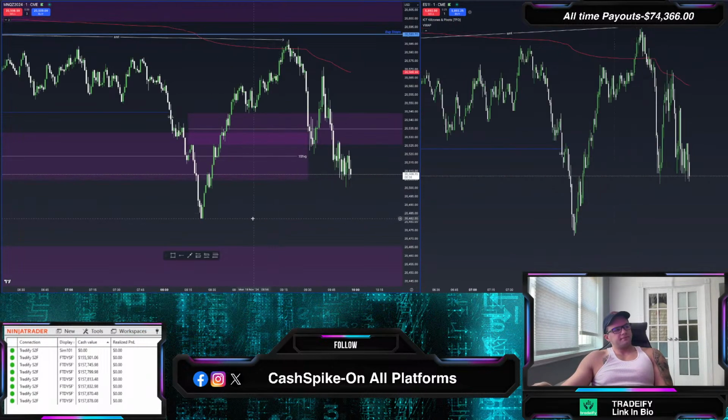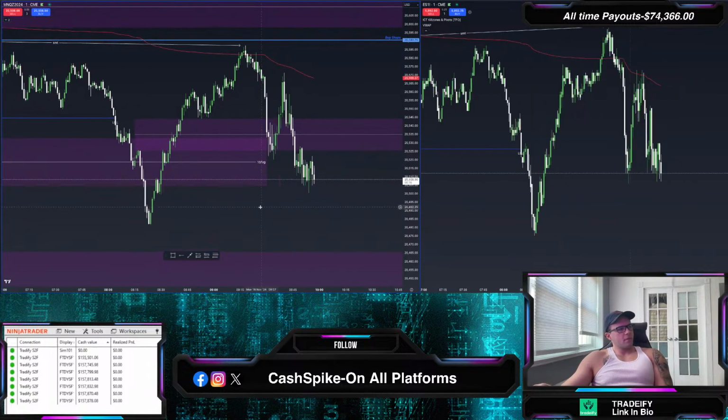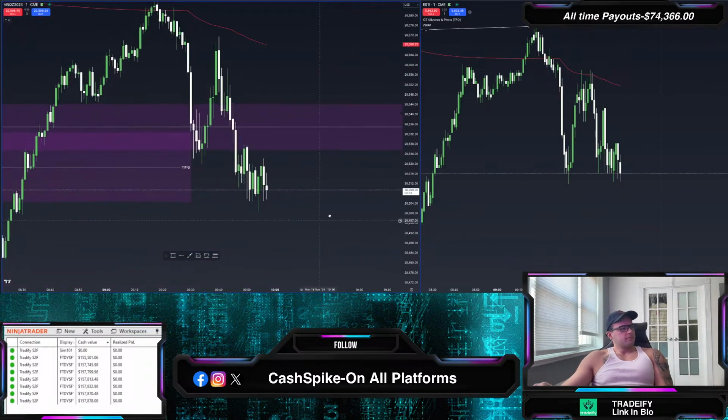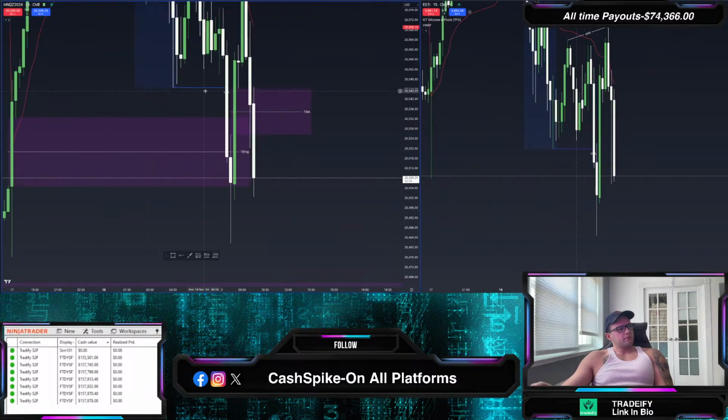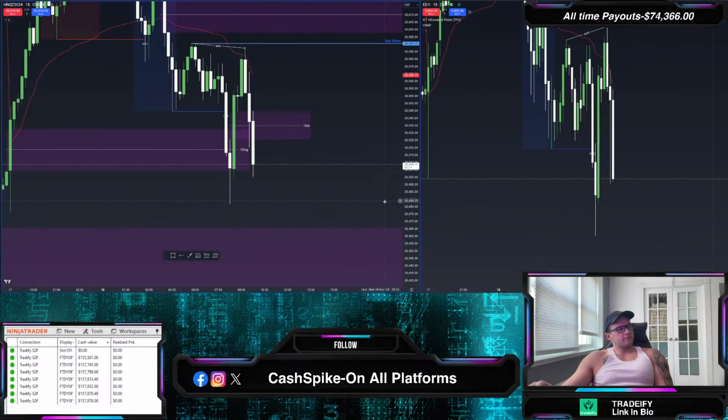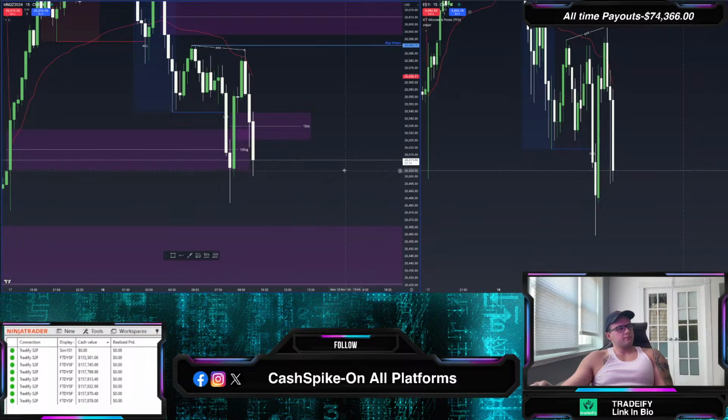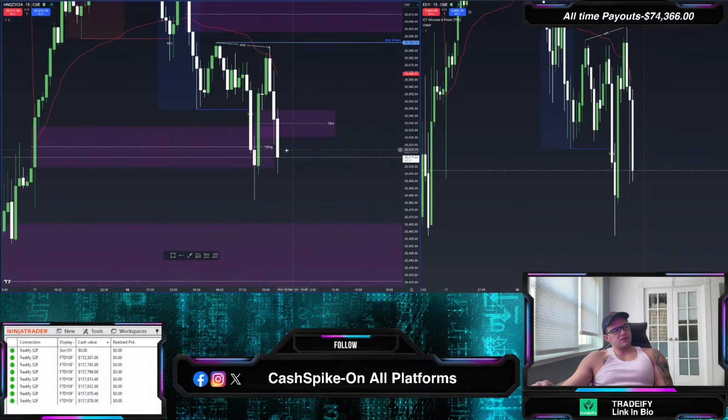It's low. It's most likely gonna get taken. I just want to see how this candle closes, because the price is still respecting this FVG, up 15.